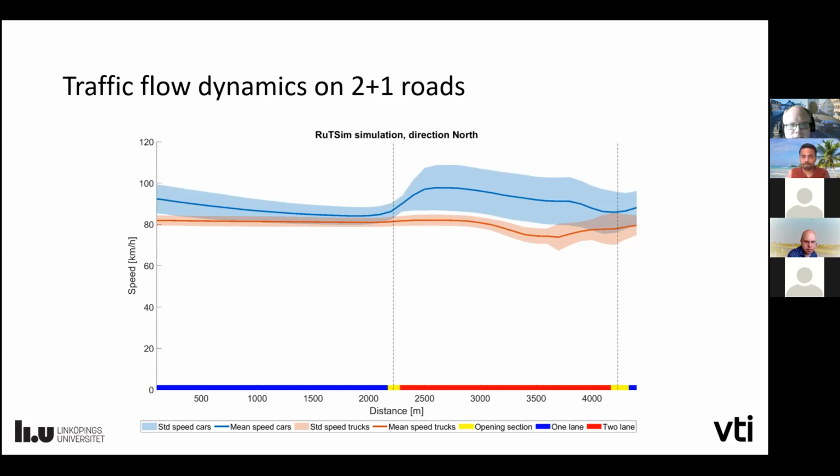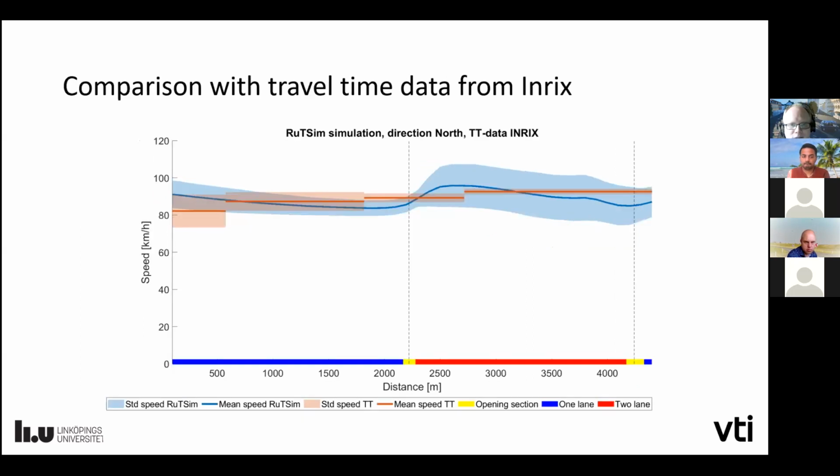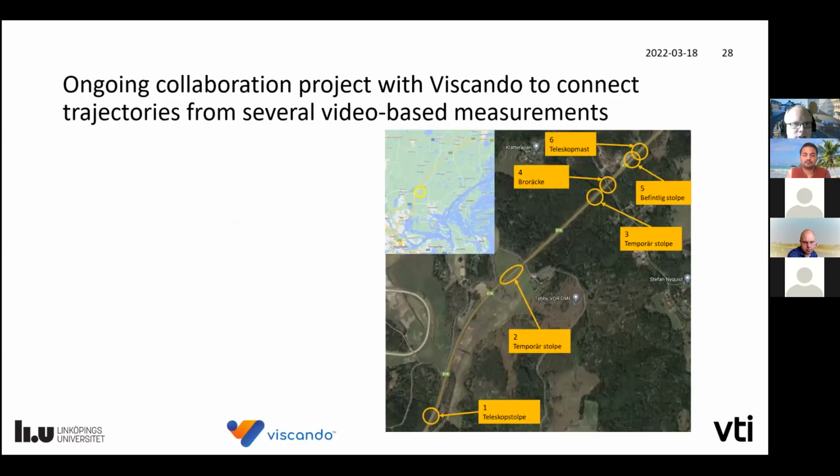But now we have a new test stretch where we are testing this, where we have some travel time data from Inrix, so that's giving some information, but it's also difficult because it's not matching the 1 and 2 lane segments perfectly. So we are also having a collaboration project with a company called Viscando, which does traffic measurements with video.